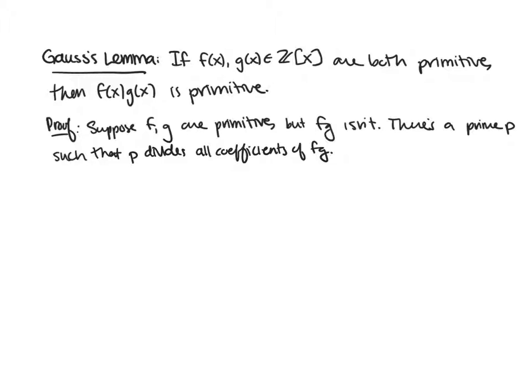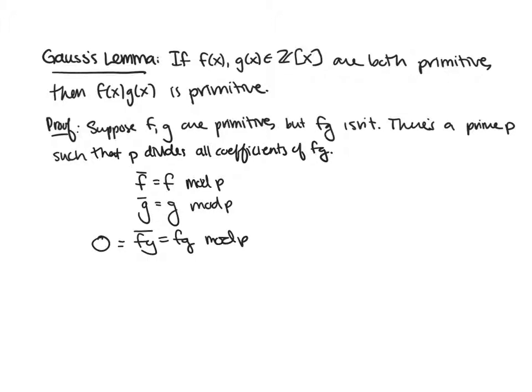So let's think about reducing these polynomials mod p. So let's say maybe f bar is f with all the coefficients reduced mod p, g bar is g with all the coefficients reduced mod p, and fg bar is when you take the product and reduce all the coefficients mod p. Now this last one is 0 by our assumption, because if p is a divisor of all the coefficients, then when you reduce mod p, you just get 0 for every single term.